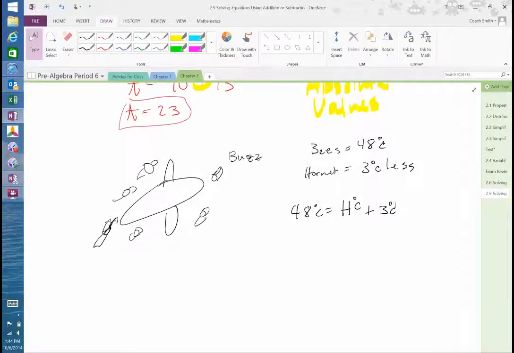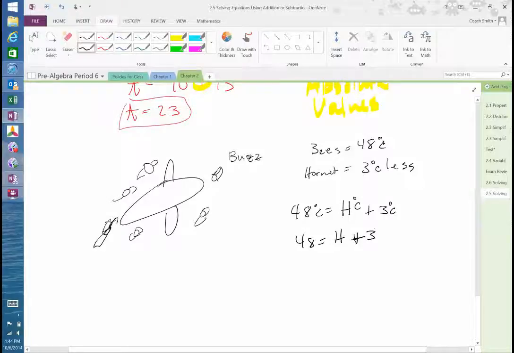So, basically, all I have is 48 is equal to the hornet's temperature that it can survive plus 3 degrees. Okay, so now I just solve it.